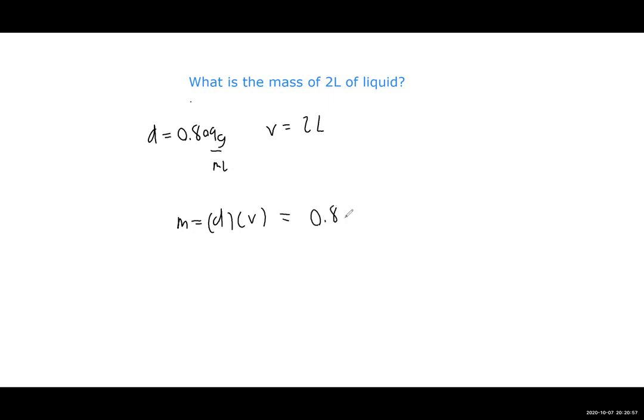So we have 0.809 gram per mil. We have 2 liters, and we know that in order for these units to cancel, we need to convert liters to mils. So we know in 1 milliliter, we have 10 to the negative third liter.